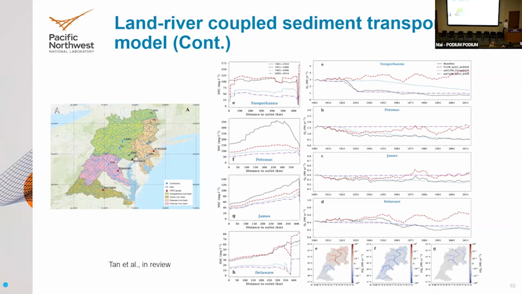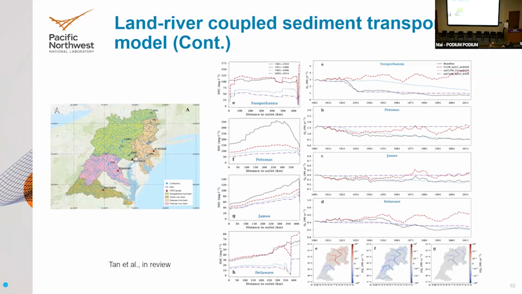different drivers. For the Susquehanna River, the construction of a dam is the major driver of the change of river suspended sediment. This is because the simulation that only includes the effect of a dam, shown by this purple dashed line, shows almost similar dynamics to the simulation that includes all drivers, shown by this green line.